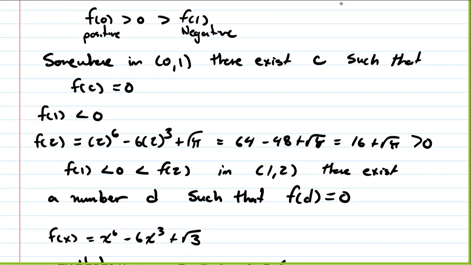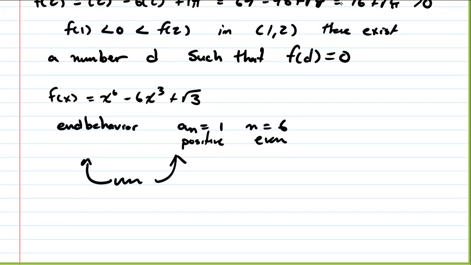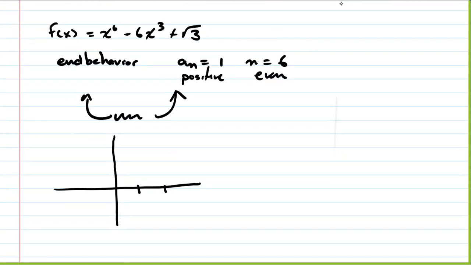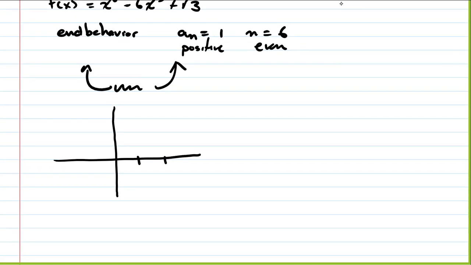Then we know that somewhere between 0 and 1, it's got to cross the x-axis, and then somewhere between 1 and 2, it crosses again. And if we plug in 0, which we did, we got the square root of pi.